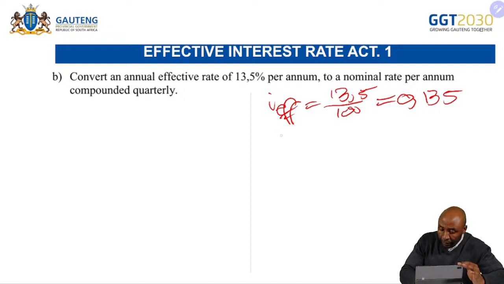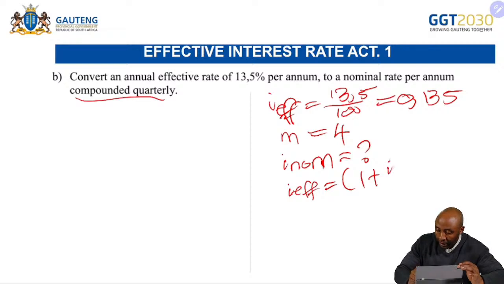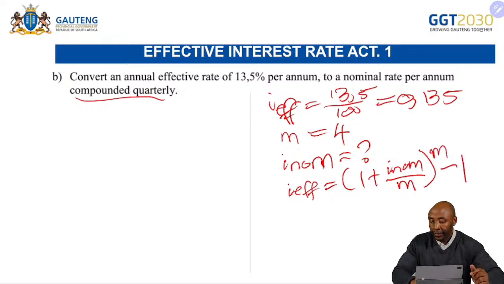Our M, it's compounded quarterly, so our M is going to be 4. And then we do not have our nominal interest rate. That's our question mark. From the formula, we know that our I effective is given by 1 plus I nominal over M to the power M minus 1, like that.